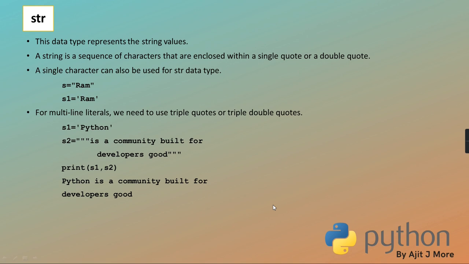So these are the five elementary types which Python has given. These are the basic types, but they are also objects only. So: int, float, complex, boolean and str.